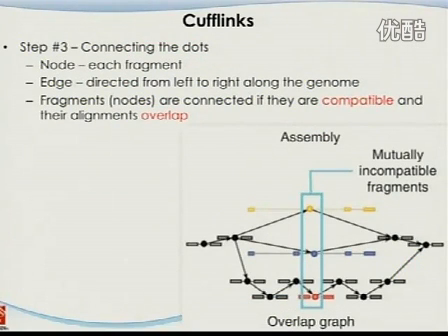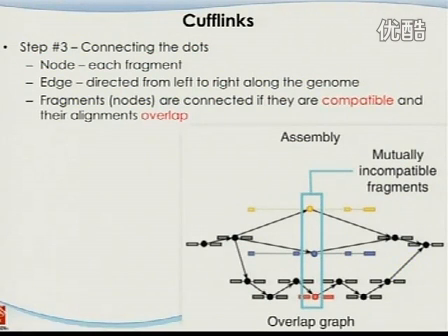The next stage is trying to make a graph, connecting the dots. Here you can see all those reads, and I put the middle one and define this as a node. So each fragment corresponds to a node here. The edge will be connecting two different fragments.